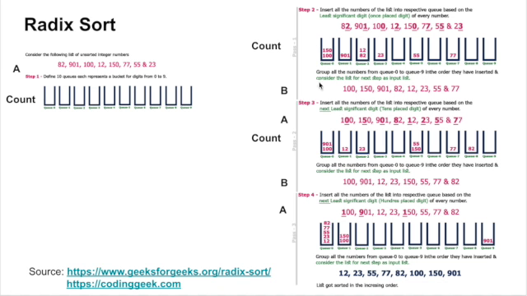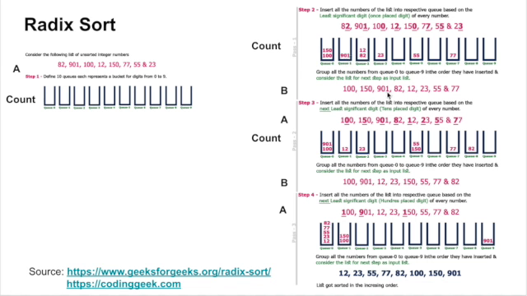Then once we have this count array with all our elements, we're going to consider this other B array, which is going to have all the elements that we have in count. Here we put 100, 150, which is in the first index of our count array.